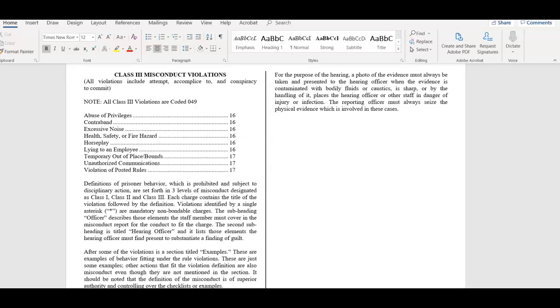And usually misconduct violations of class 3 are taken care of with top lock, which means that they are locked in their cell for a specific period of time. And a lot of times they are not limited from a lot of activities within the prison.